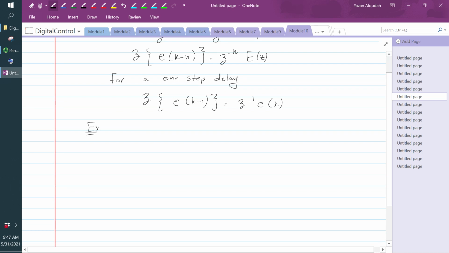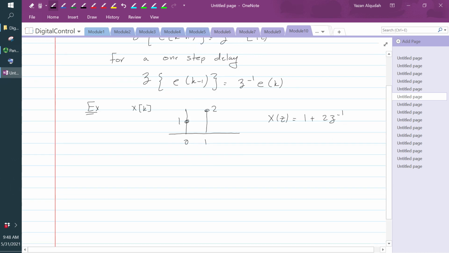So let's take our signal that we just had before, x of k. x of k was 1 here and a 2 here, at 0 and 1. This is x of k. So x of z we said was equal to 1 plus 2 multiplied by z to negative 1.